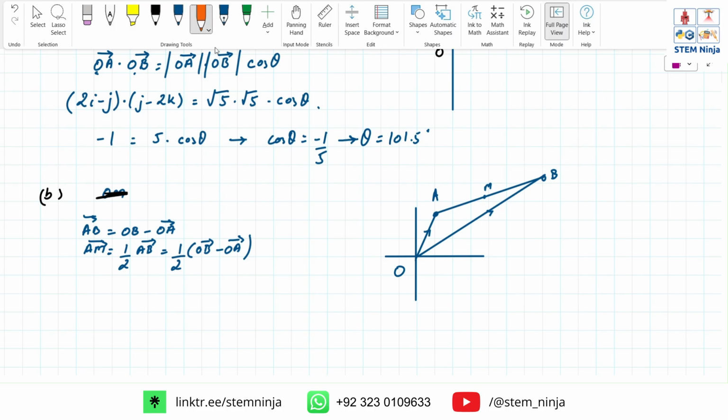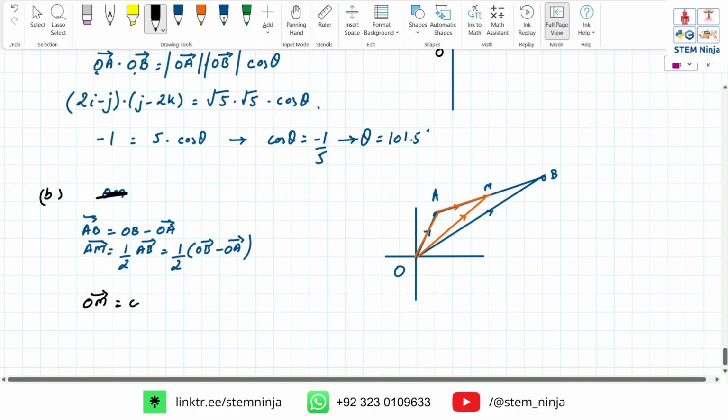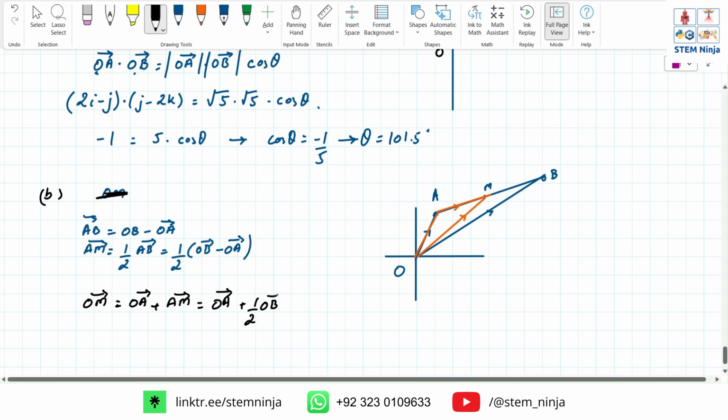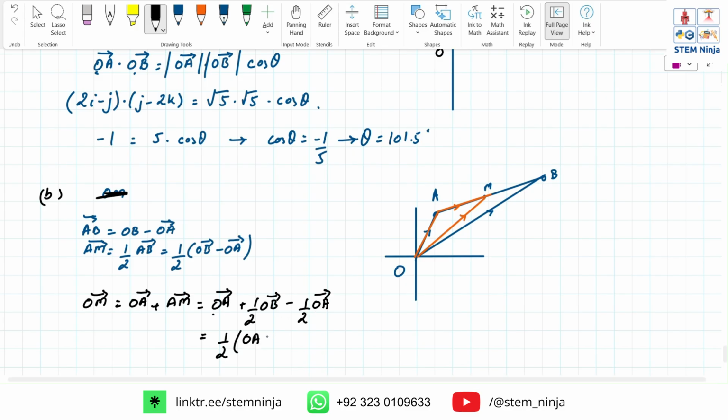So if we want to go from O to M, we can go to OA and then A to M. So to go from O to M, you can go OA plus AM, which leads you to OA plus half OB minus half OA, which gives you half of OA plus OB, because OA minus half OA is just half OA.